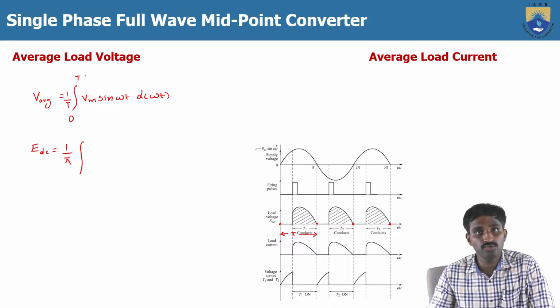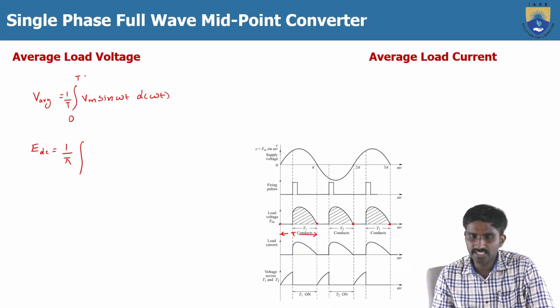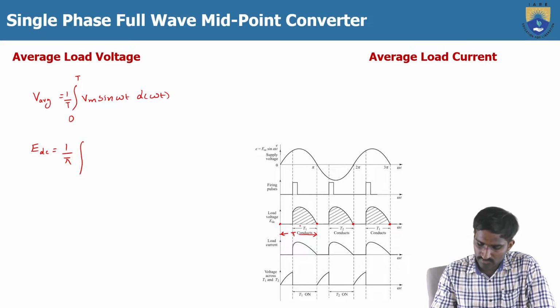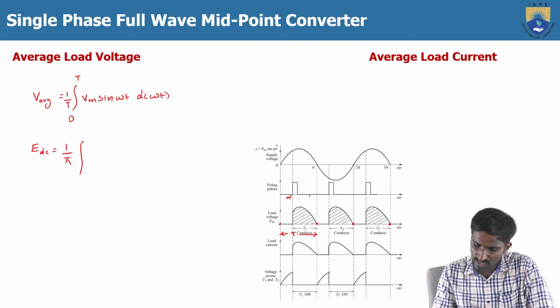The integral from 0 to T represents the conduction period of that particular waveform. Here we have considered the firing angle as alpha. From 0 to alpha there is no conduction, and it starts conducting from alpha to pi, because the total time period is pi only.